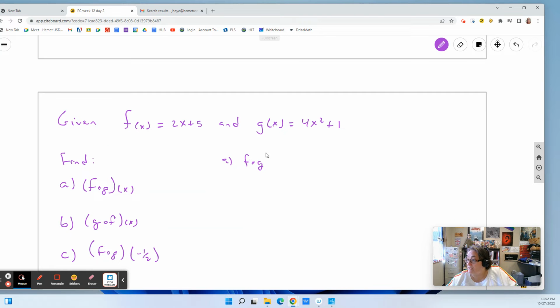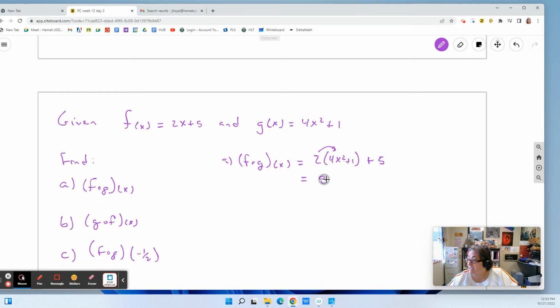We want to find f of g, which means that we are going to plug g in to f of x. So we've got 2x, so where my x is, I'm going to plug in 4x squared plus 1, plus 5, right? And all we have to really do with this one is some distributing and simplifying.